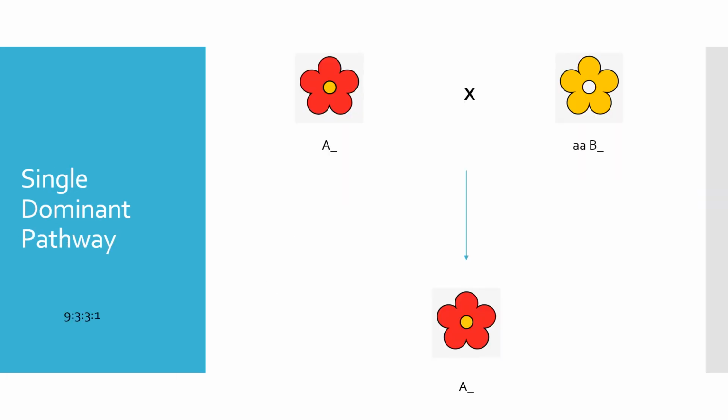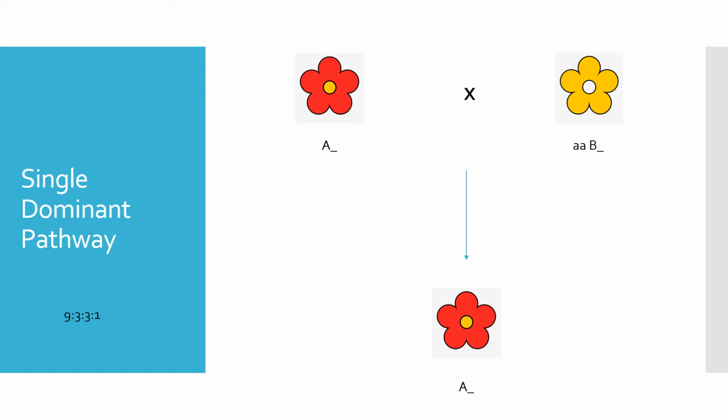For my single dominant pathway, we're going to have a red flower. The big A is going to have a red phenotype, and a big B is going to have a yellow phenotype. For this red flower, the only thing that's important is that there is at least one big A to give off the red phenotype.